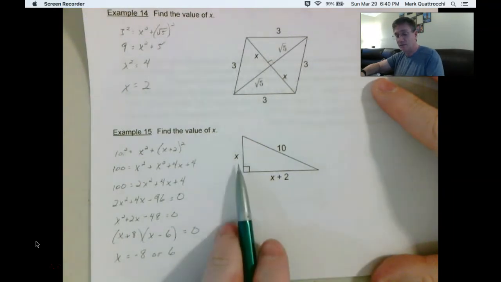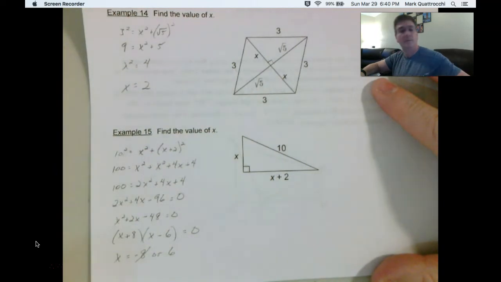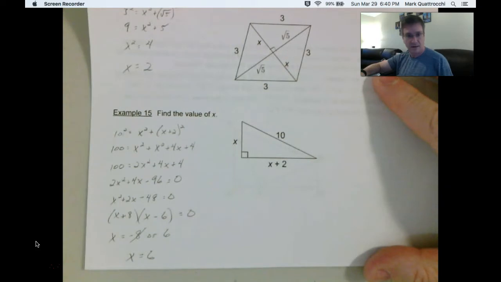But since x represents the length of the side of a triangle, negative 8 does not make sense. x equals 6 is the only correct answer for problem number 15.